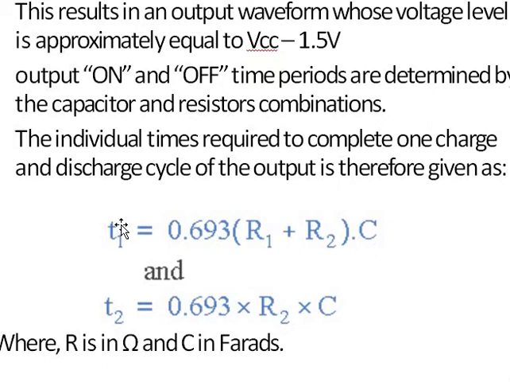The individual time for charging, T1, and for discharging, T2, can be calculated using these equations. T1 equals 0.693 into (R1 plus R2) into C, and T2 is 0.693 into R2 into C, where R is in ohms and C is in farads.